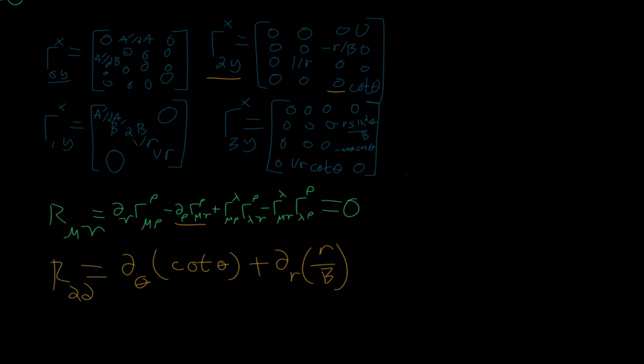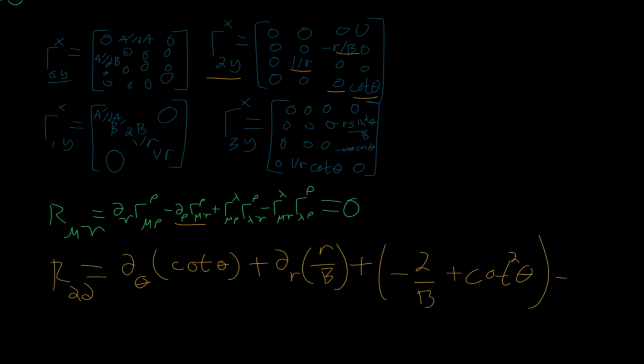And then next we have plus, and then we have gamma lambda 2 rho, and then same thing. What that's going to be is the following. We're going to have this term times this term, and then the other way around, right? So it's going to be minus 2 over b. And then plus right here, this squared, so plus cotangent squared theta.